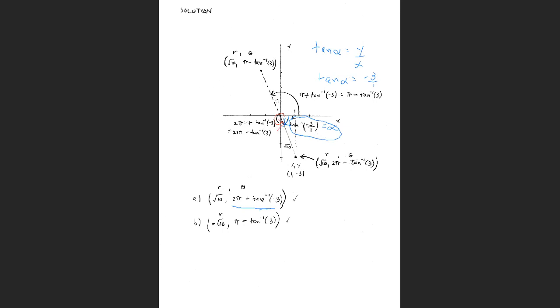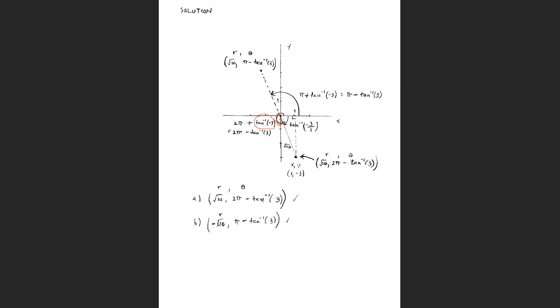Well, a full revolution is 2 pi. But this angle would be pi plus the arctangent of -3, because the arctangent of -3 is actually a negative number. So it's a negative angle.